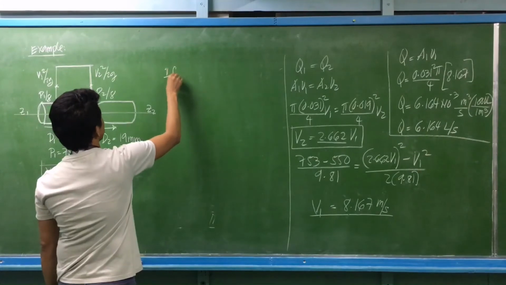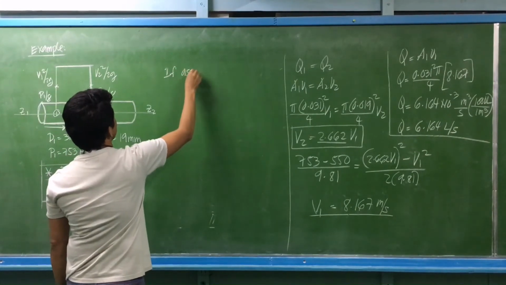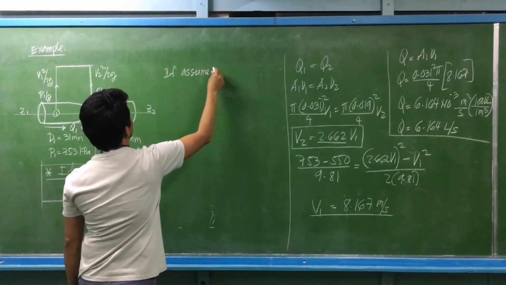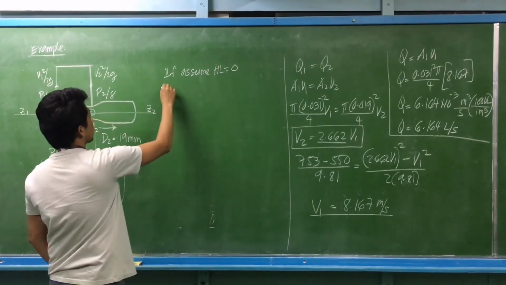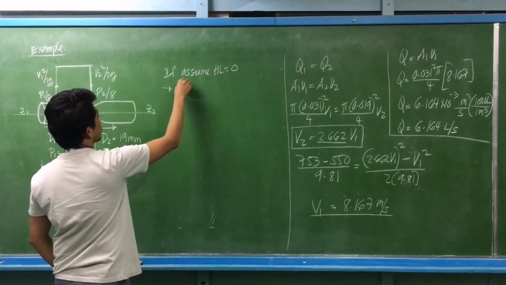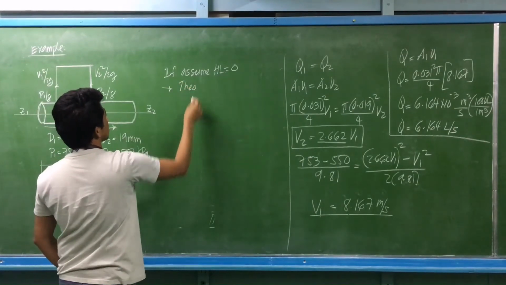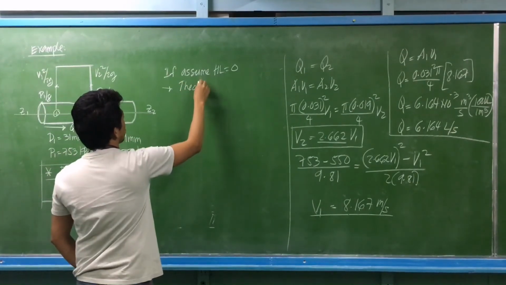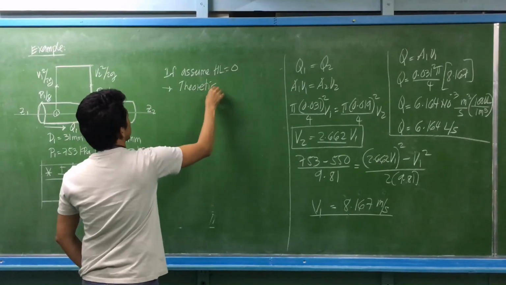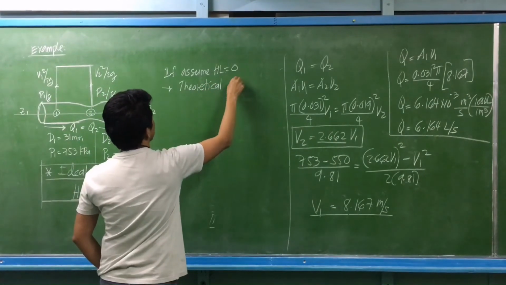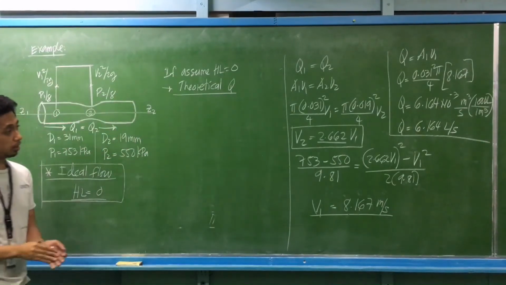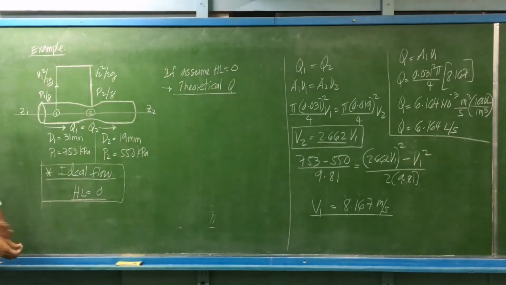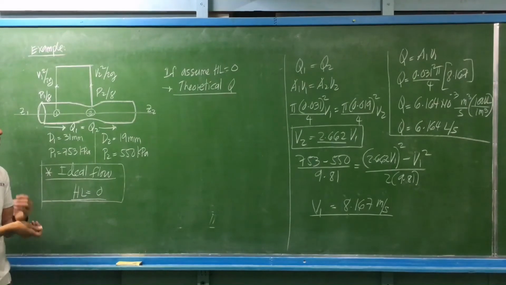So if the assumption is that head loss is 0, this is only the theoretical discharge. If you are neglecting head loss, then it is a theoretical discharge.